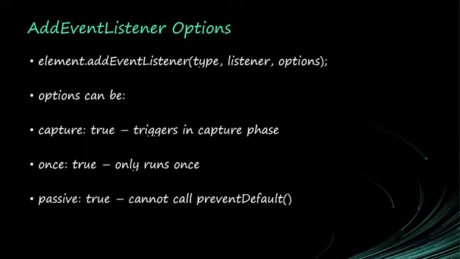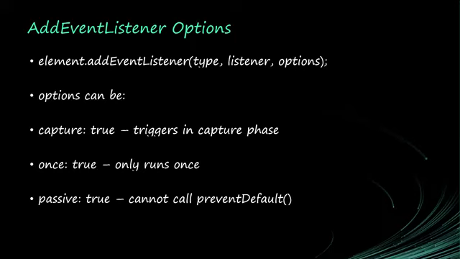But if you say prevent default, it will not reload the page. The default behavior of an anchor tag is to navigate to another page. But if you say prevent default, that anchor tag will not navigate to the next page.